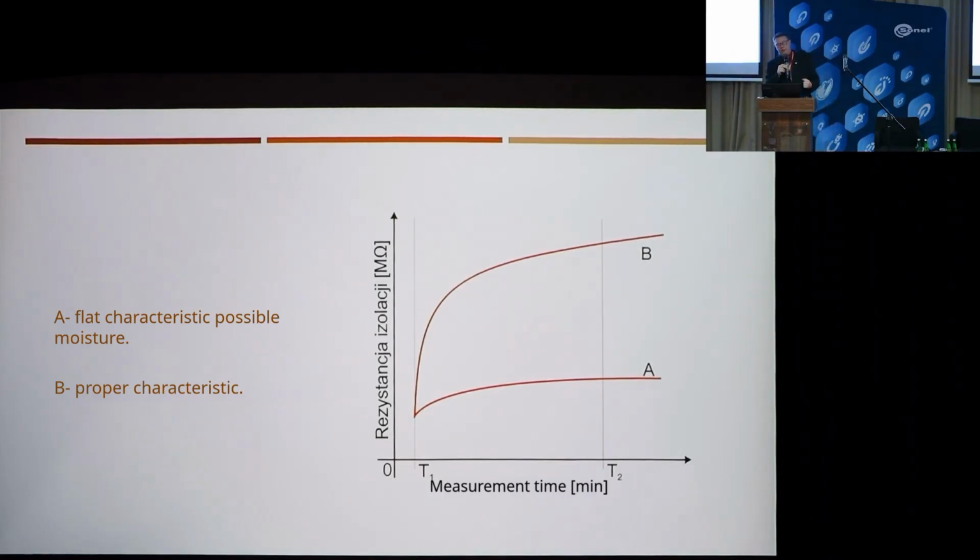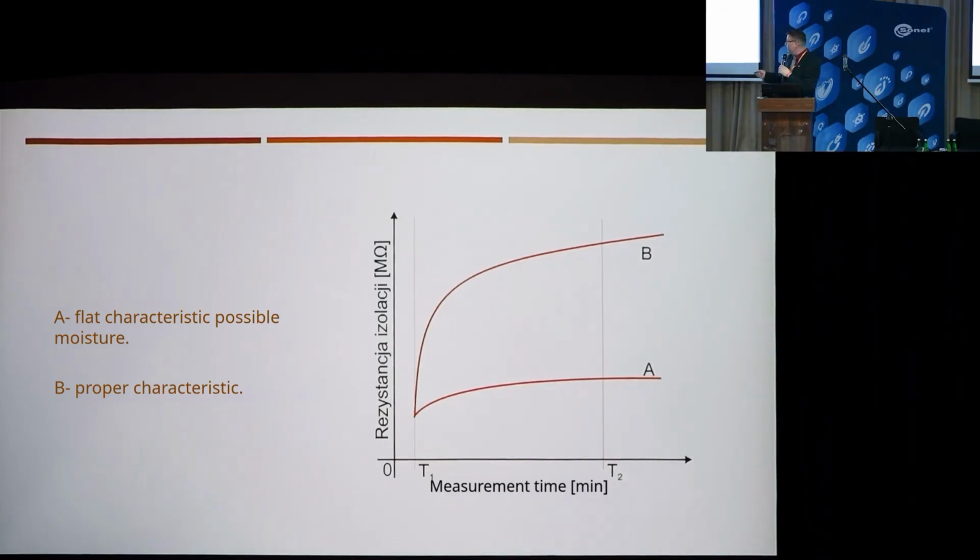And here there's also the possibility of an additional analysis of the phenomena that occur as a result of capacitance and polarizations. So as we can see here, curve B, this little graph B, you can infer, because it's not obvious in itself, that the insulation here is in good condition.